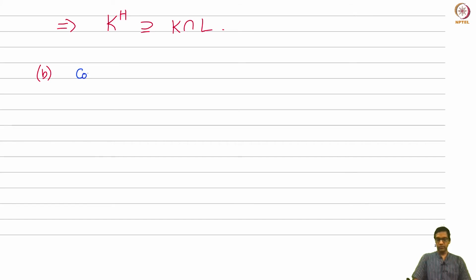So let's do the following for the converse. Let's do something slightly non-obvious. Let's look at K^H. So what is K^H? It is some subfield of K. So therefore K^H L is some subfield of KL.